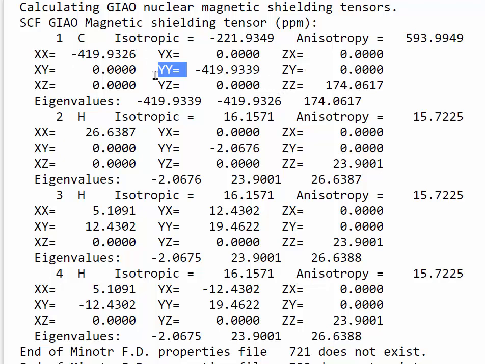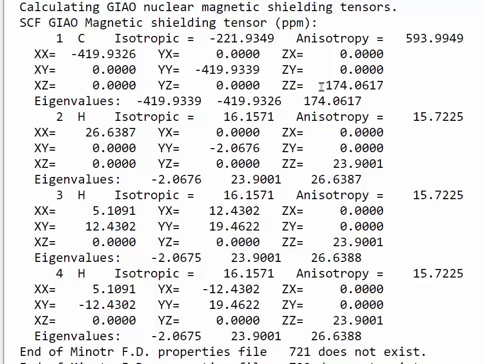If we focus primarily on the diagonal elements, those are the strongest contributors to the isotropic shift. The off-diagonal elements add only to the anisotropy. To interpret this, let's focus just on the diagonal elements for the moment. We see in the X direction, huge negative number. In the Y direction, huge negative number.